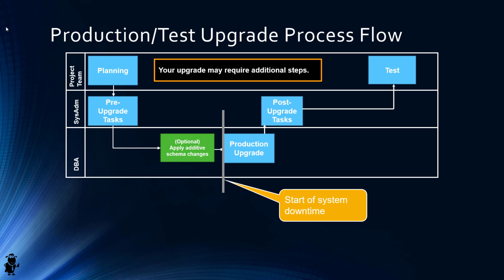During the downtime, the upgrade wizard performs the production upgrade in one step, importing the repository produced in development and applying any delta schema changes that might be left not being done in the optional green apply additive schema changes step here.